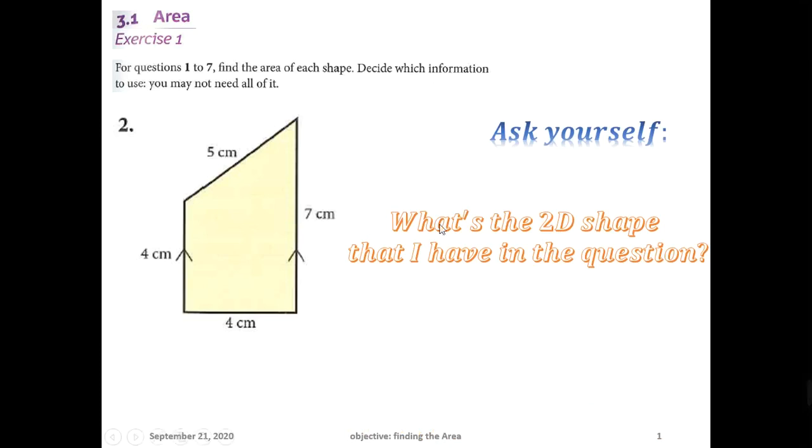If you look at it, we have two parallel sides here, and I have an object with four sides, four angles, and two of the sides are parallel. So basically, this is a trapezium.